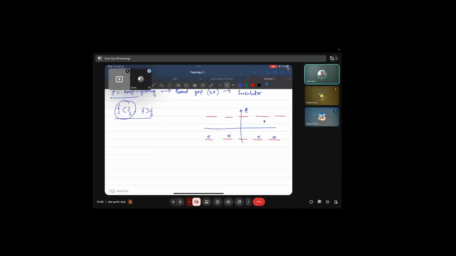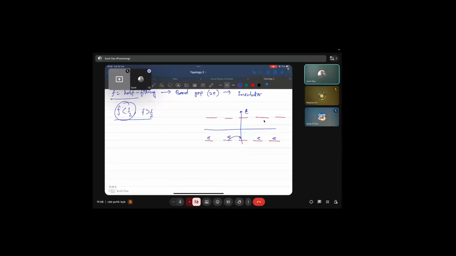Now, what can happen is that whenever inter-unit cell hopping is allowed in the second scenario, then because there is a state there, the electron can hop here, right?